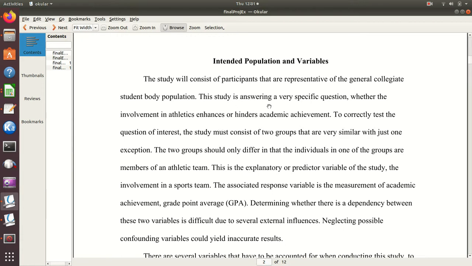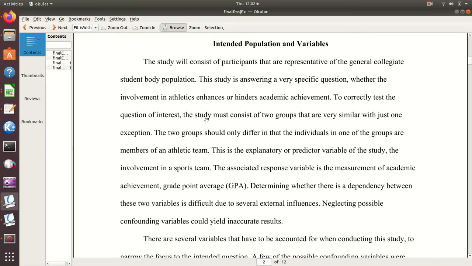Okay, so again, a very specific question: whether involvement in athletics enhances or hinders academic achievement. So there, they restated the question, keeping us on track that way. We're going to have 2 groups, they say, that are very similar with just one exception.